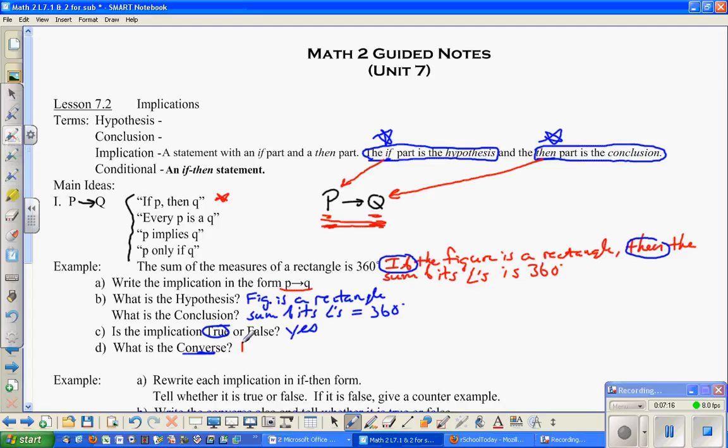So we would say if the sum of its angles is 360, then it is a rectangle. Or then the figure is a rectangle. That'd be more appropriate.